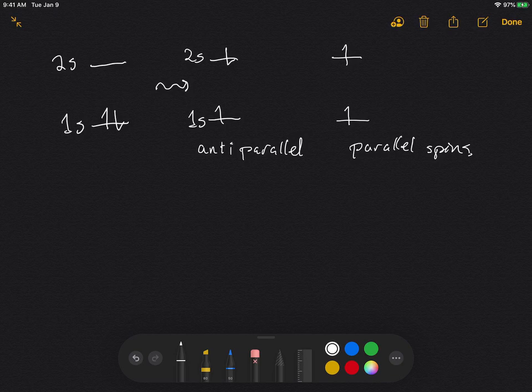But some questions arise. Are both of these pictures essentially valid? And how do we make sure that our wave function description is consistent with the Pauli exclusion principle?